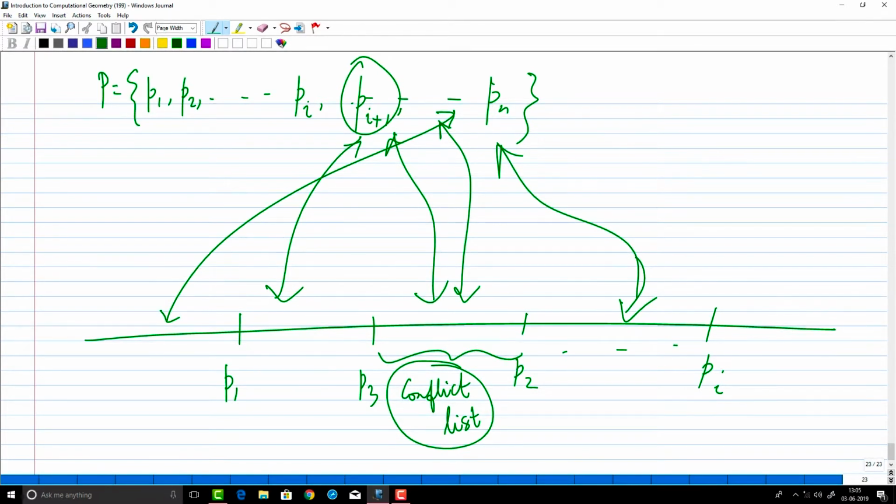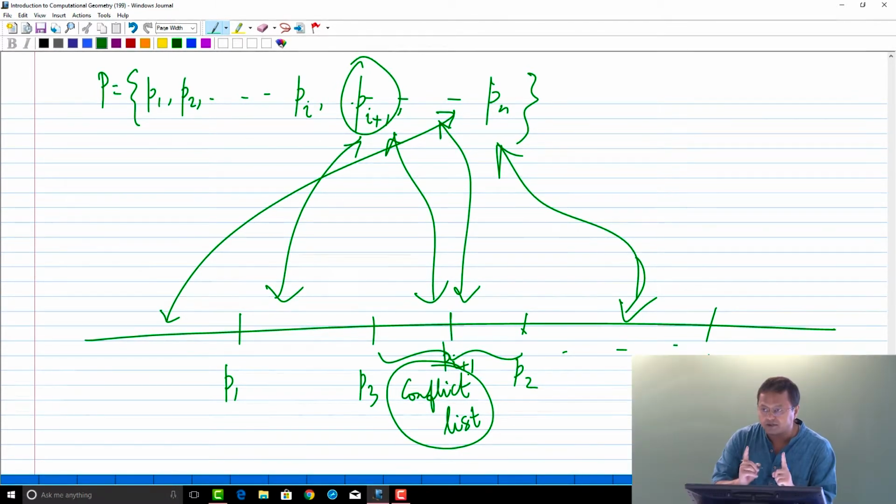Now, I was kind of randomly inserting. When I inserted P i plus 1, I know the interval to which it will go from the direction of the pointer. It will lie between this P 3 and P 2, so it lies somewhere here.